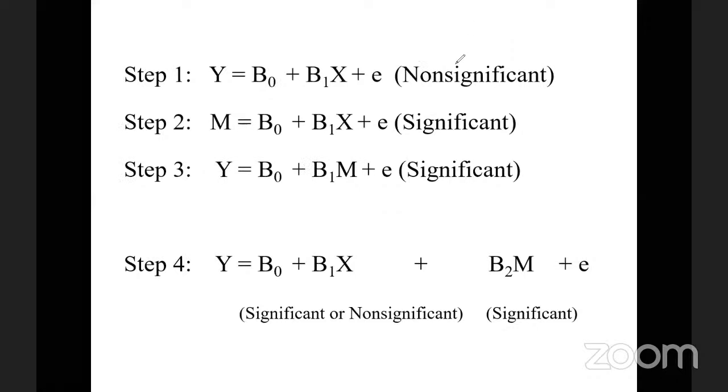So if you are applying the mediation technique, and in step 1, step 2, or step 3, out of the three, you find any one relationship not significant, it means there is no mediation.